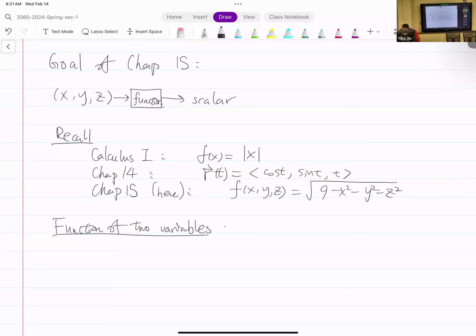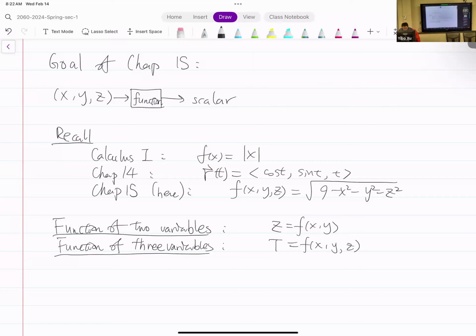So in that sense, it's common that we just use z, the third letter, to indicate the output. And if you increase the number of inputs, then we'll have to use more letters. So if we use three input variables, then we have to choose another letter for the notation of the output.